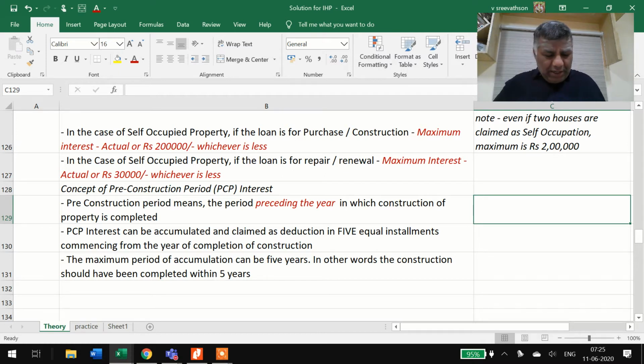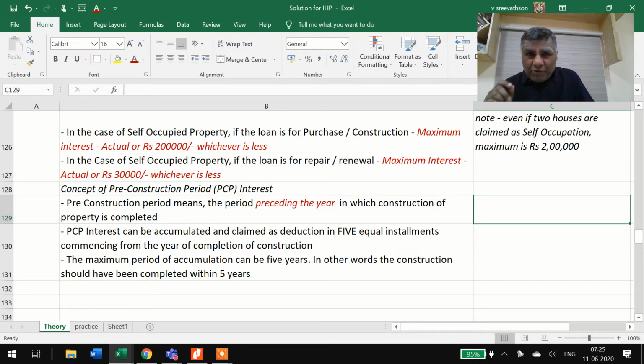Today only I have completed, so till yesterday it is pre-construction. It is literal. Income tax law says pre-construction means the period preceding, not the date. If they had used the word date, then it is correct, till yesterday.